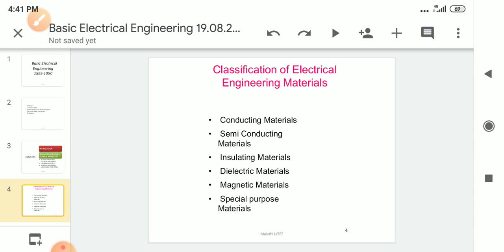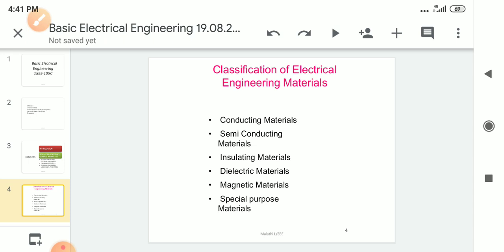That's why we have to provide a limitation with insulation material. The insulation limits the flow of current between different conductors and between a conductor and ground.